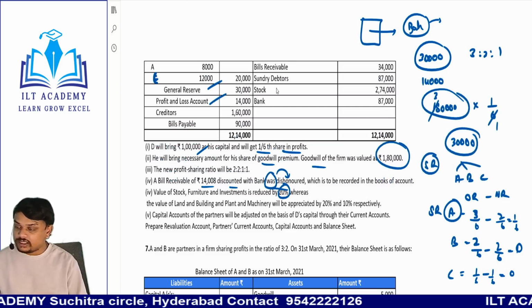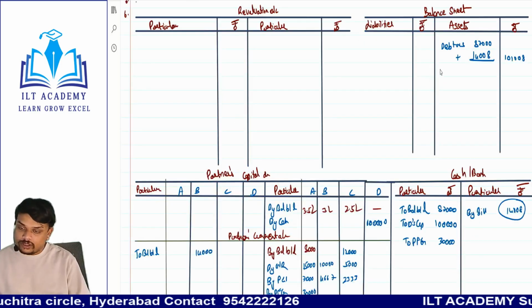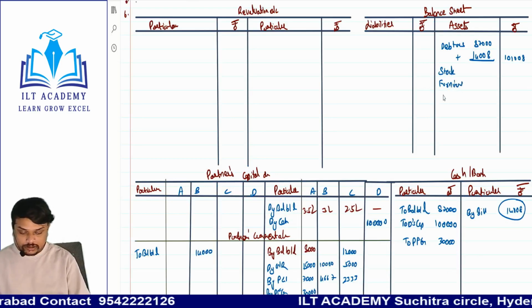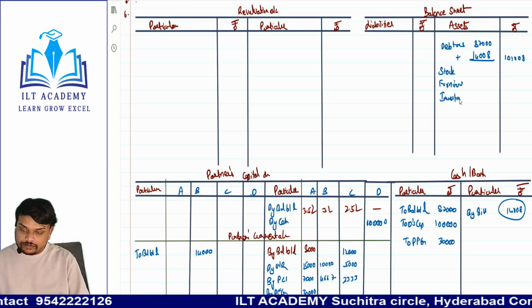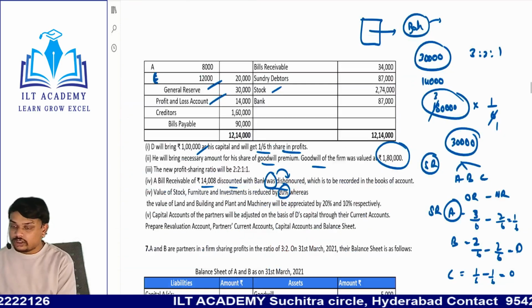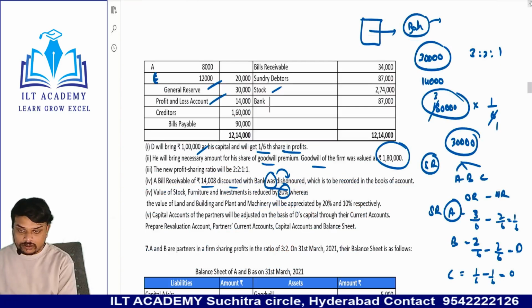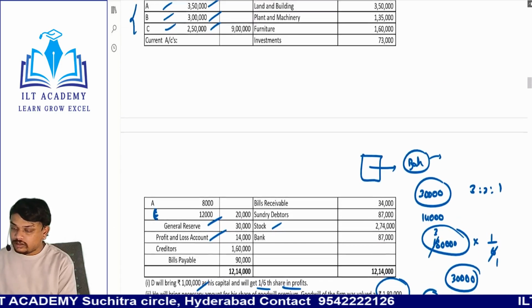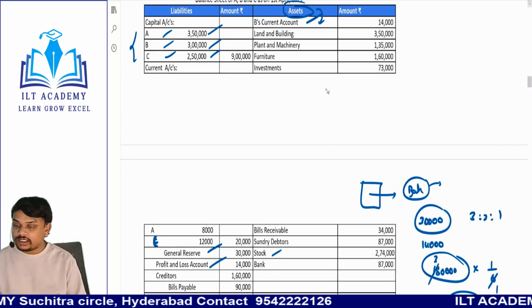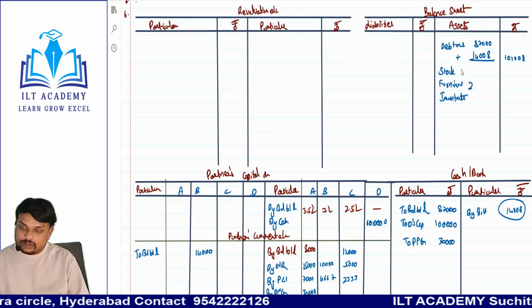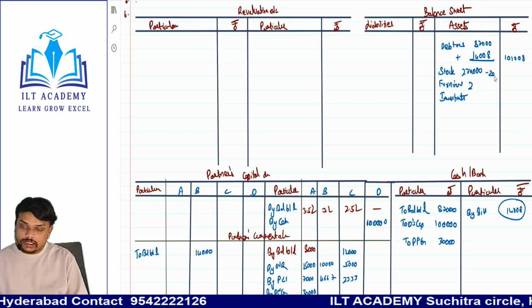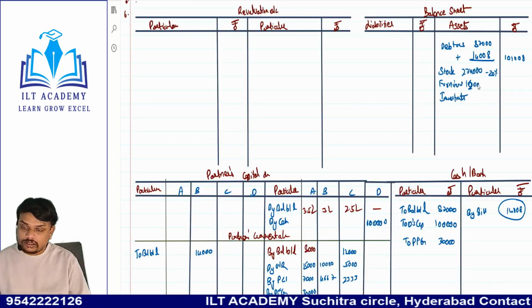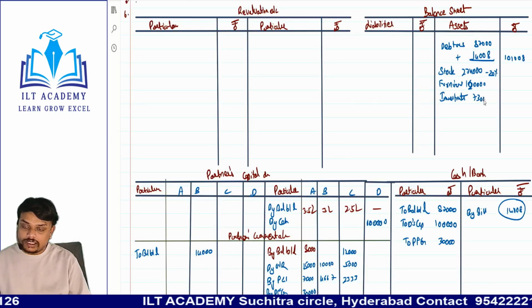Stock is 2,74,000, furniture is 1,60,000 and investments are 73,000.